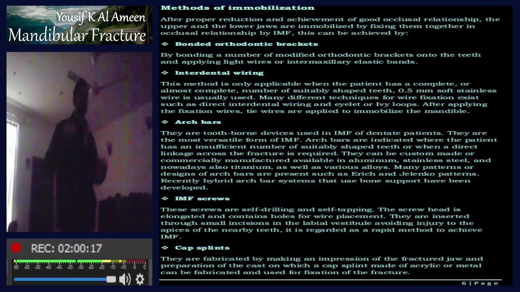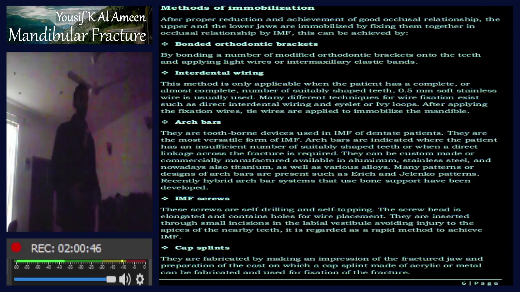Arch bars are commercially manufactured and available in aluminium, stainless steel, and nowadays also titanium, as well as various alloys.